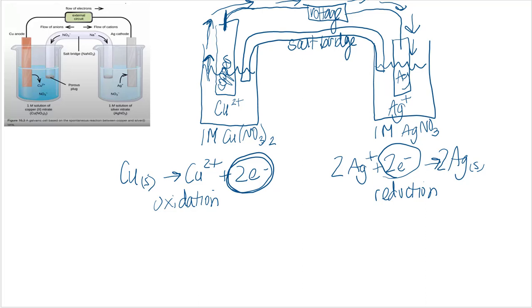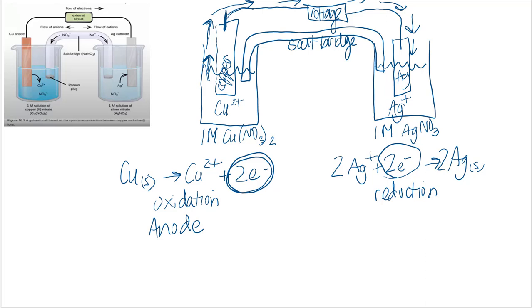We drew on the left side the oxidation reaction. Oxidation always occurs in the anode half cell, on the anode. And on the right side, we drew reduction.